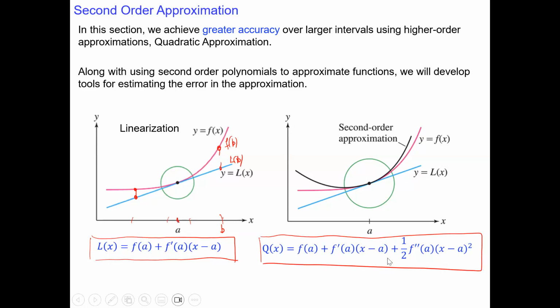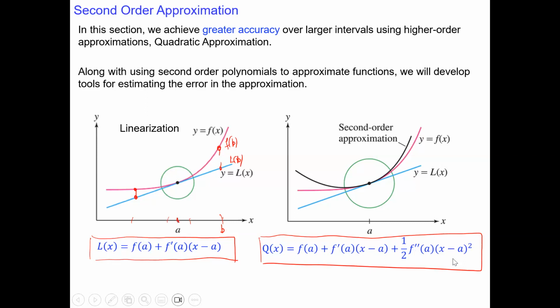We may notice it is the linearization plus the second order part. The second derivative is involved, the same as in some error bound for the linearization. But this is the formula: f of a plus f prime of a times x minus a, plus 1/2 second derivative at a times x minus a squared. And you may probably see the pattern.